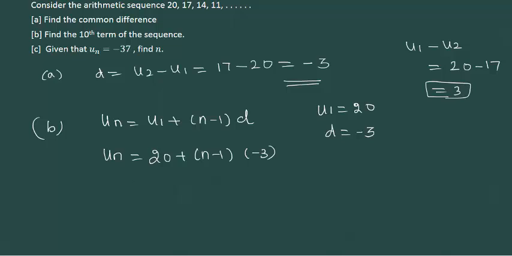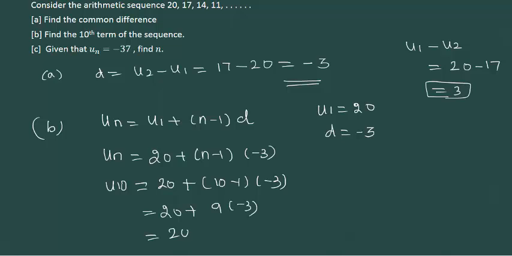If the nth term expression is not asked, here itself we can directly substitute for u10, that is 20 plus (10 minus 1) times minus 3 without simplifying. 20 plus 9 times minus 3, that is 20 minus 27, which is minus 7.